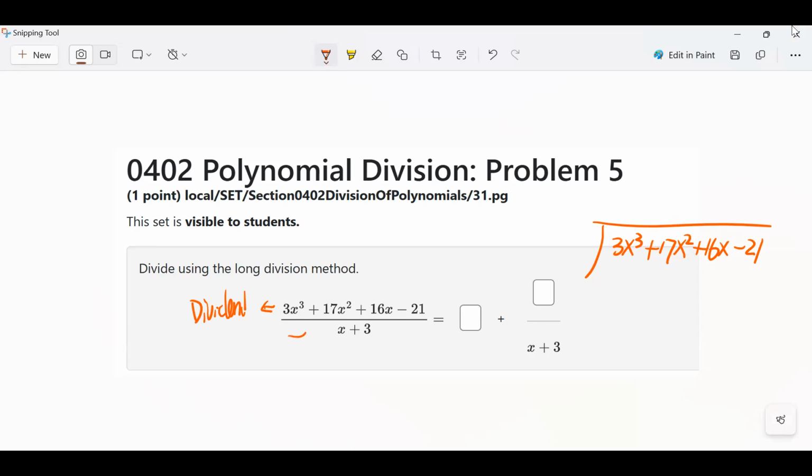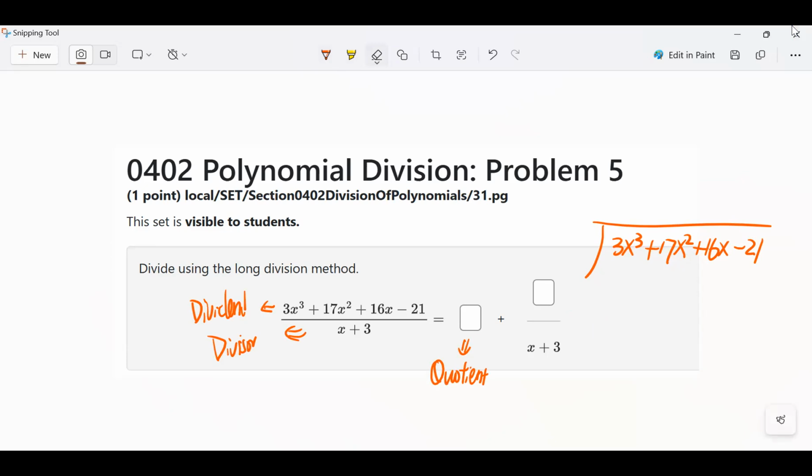The bottom is what we call the divisor. Then we get a quotient and a remainder. This is the quotient, and this is the remainder. We nail down all these different pieces one by one.